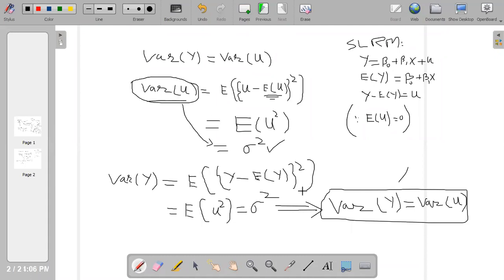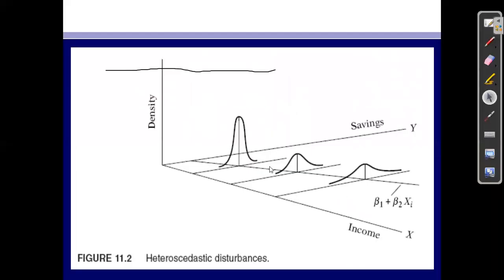But because the variance of the disturbance term u and the variance of the dependent variable y are one and the same thing according to this derivation, we say that both of them are equal to sigma square. So when we are assuming a constant variance for the disturbance term, we are automatically assuming the same for the dependent variable y.